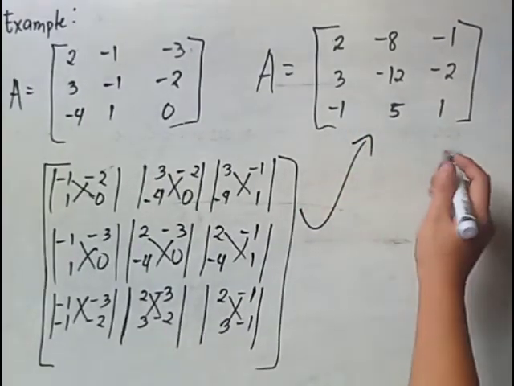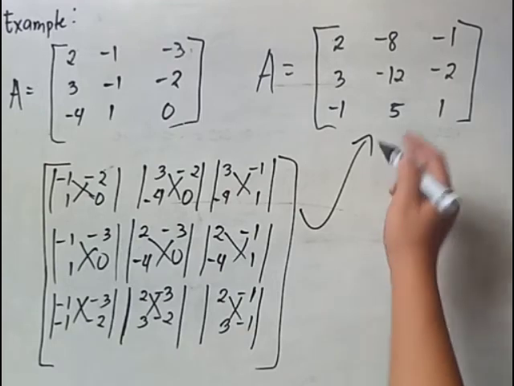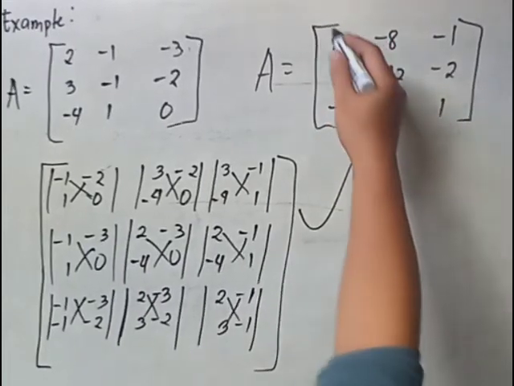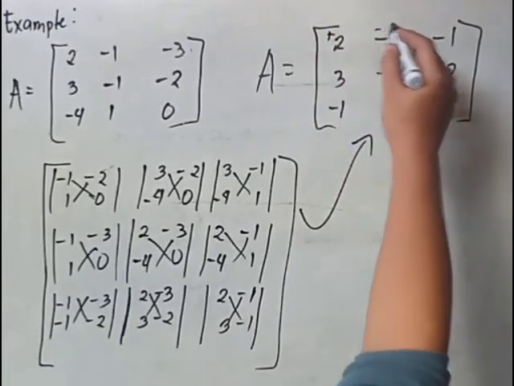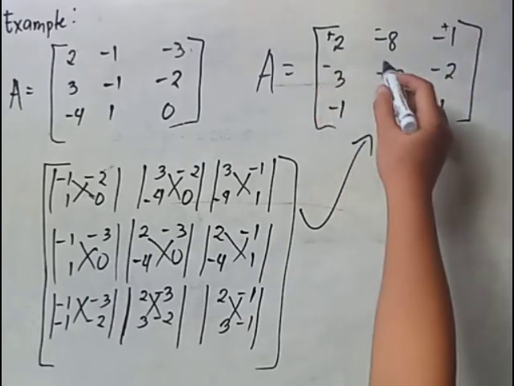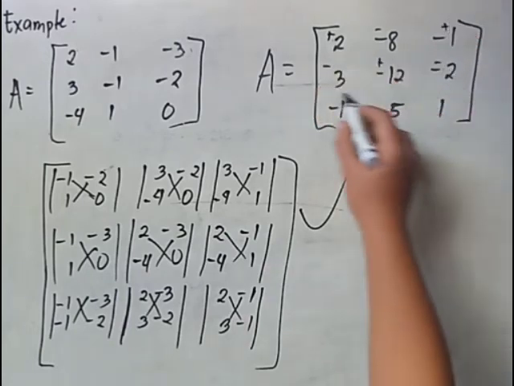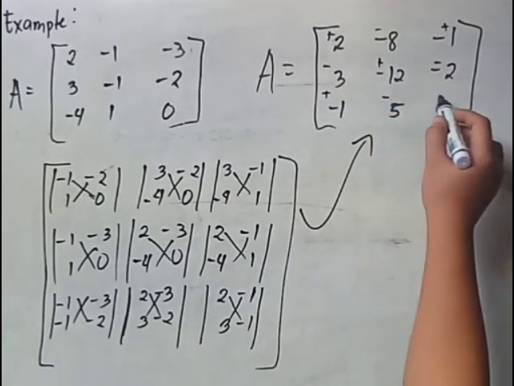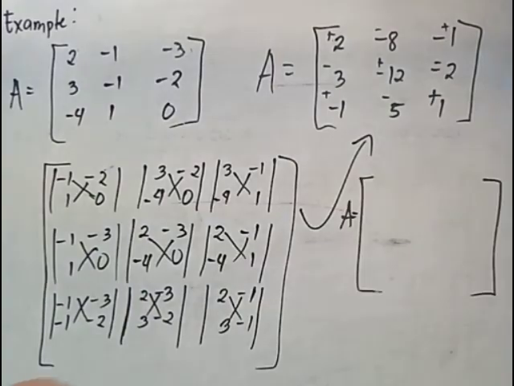But we have the rules and signs in getting the cofactors, so we have to change the signs of each element in our matrix. Let's start with positive, negative, positive, then negative, positive, negative. And lastly, we have positive, negative, and positive.